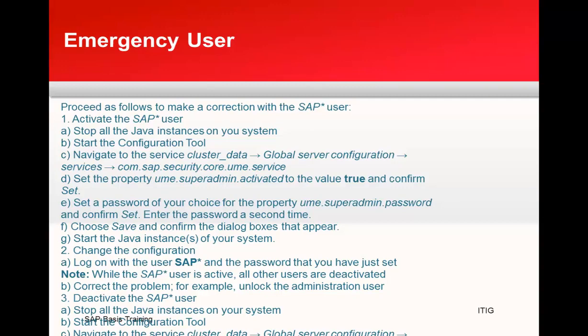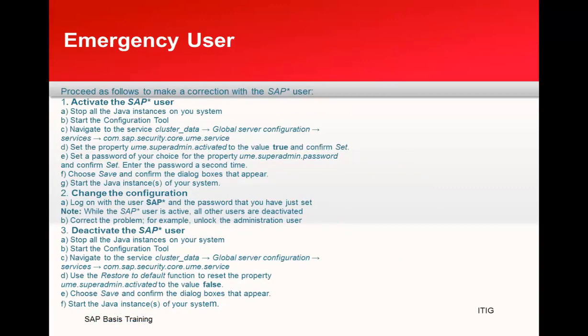You can log into the Java user management, that is the UME engine, and change the password for any user, and once it is done, you deactivate that user. So these are basically three steps: activating, connecting to UME, and deactivating the SAP* user.